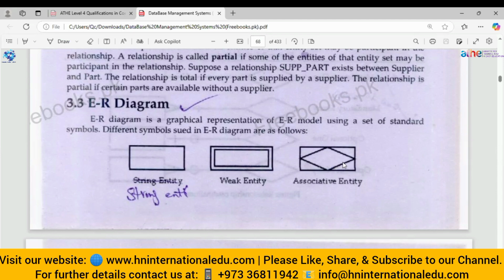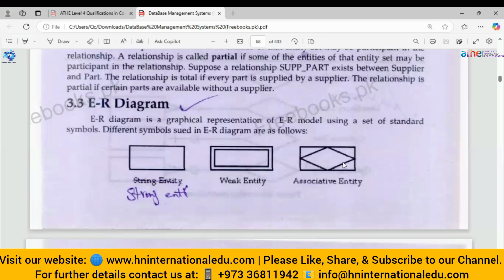Now the third type of entity is the associative entity. What is an associative entity? It is a type of entity that links two or more entities. Let's suppose an award. An award can be given to a scholar and to a researcher, who are two different entities.